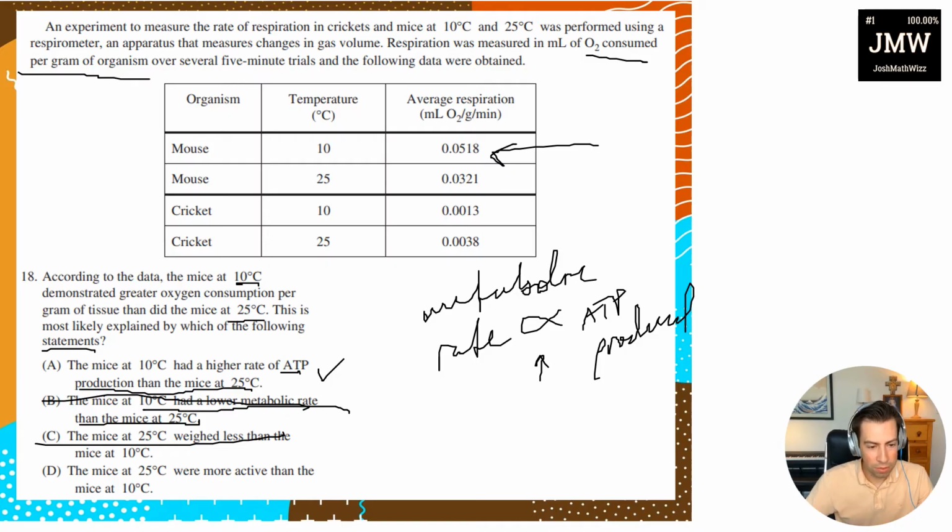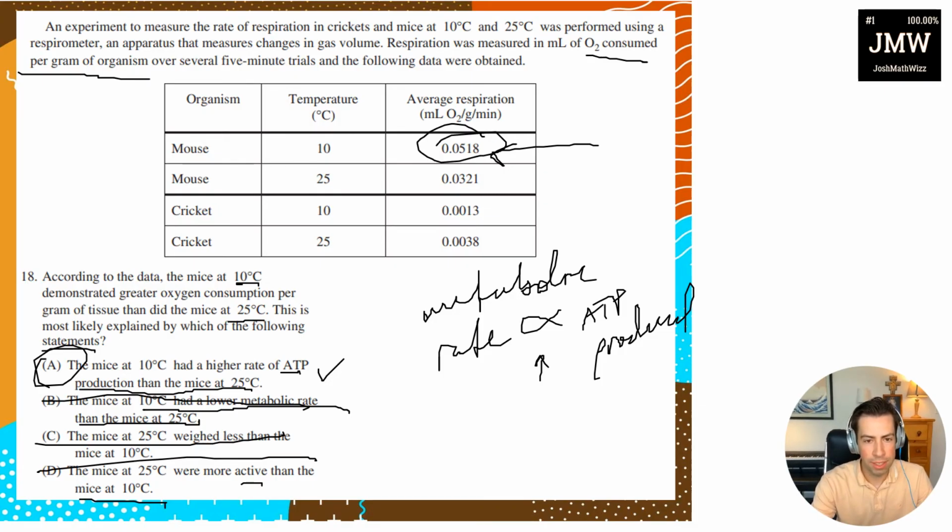And D says the mice at 25 degrees Celsius were more active than the mice at 10 degrees Celsius. Active, what does that even mean, right? It's just not very specific. Also, it doesn't seem to be the case because at 10 degrees Celsius, you have that higher oxygen consumption, so D is out. So therefore, A is the correct answer.